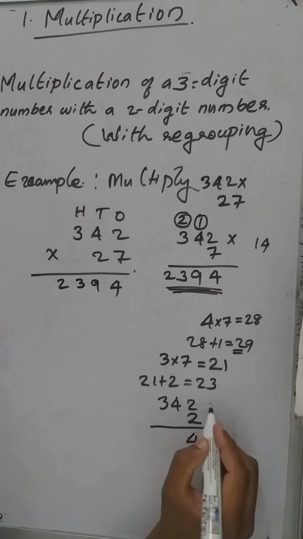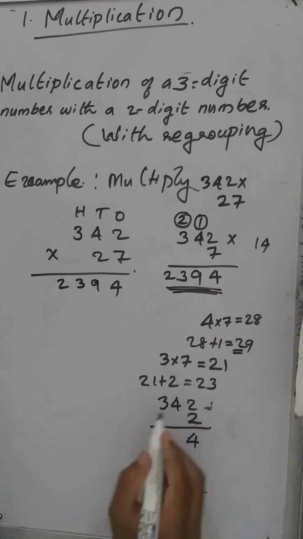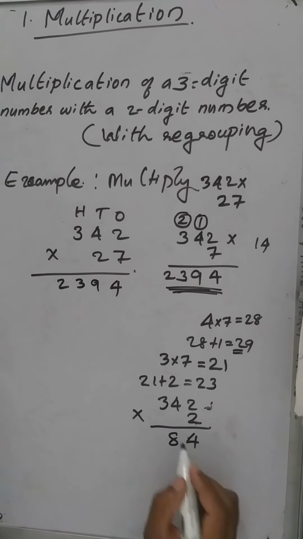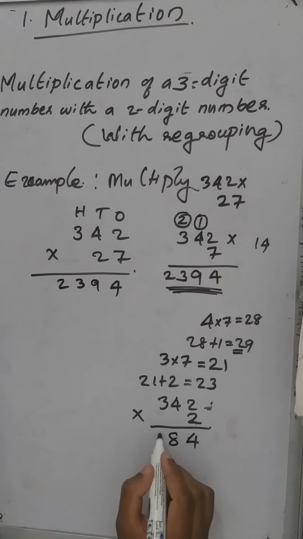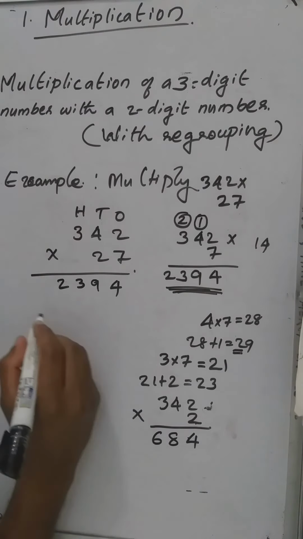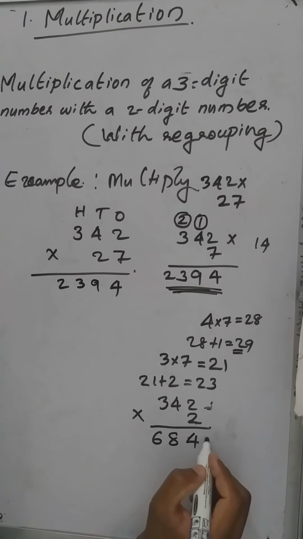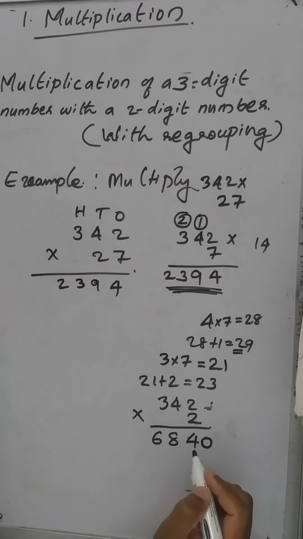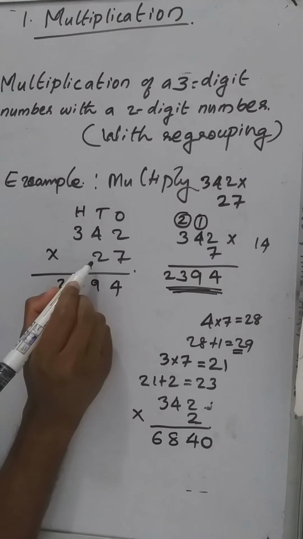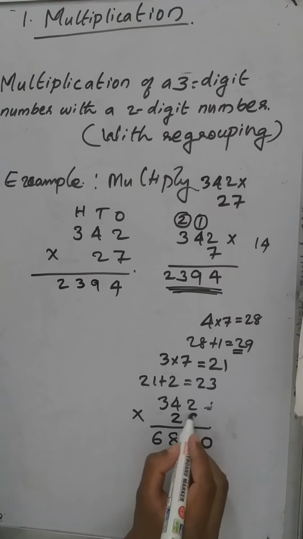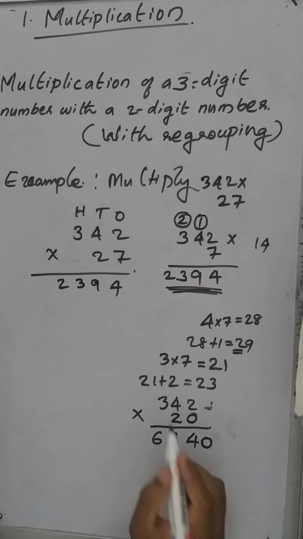Multiplication sign you can write on the right side or left side, both are correct. 2 2s are 4, 4 2s are 8, 3 2s are 6. And you have to put a 0 on the right side, because here we have to multiply this 342 by 20 actually. So 342 by 20 we will get 6840.